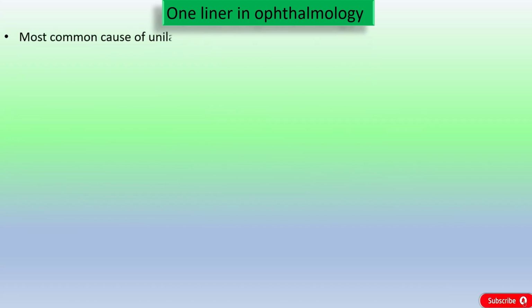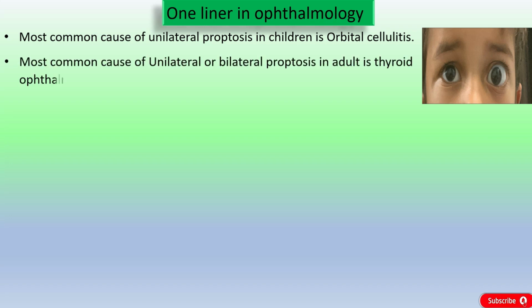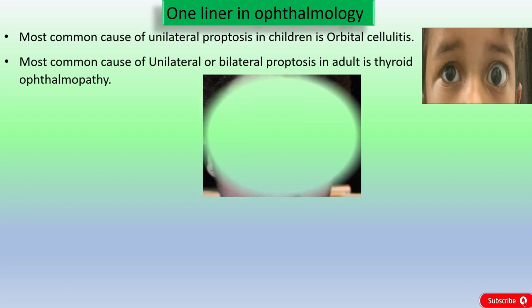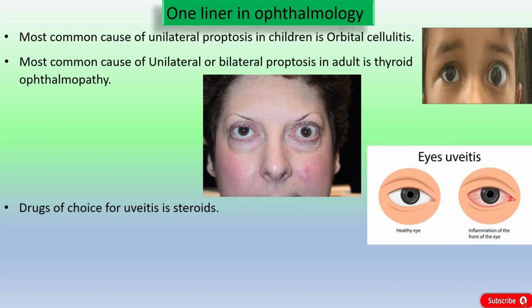The most common cause of unilateral proptosis in children is orbital cellulitis. The most common cause of unilateral or bilateral proptosis in adults is thyroid ophthalmopathy. Drug of choice for uveitis is steroids.